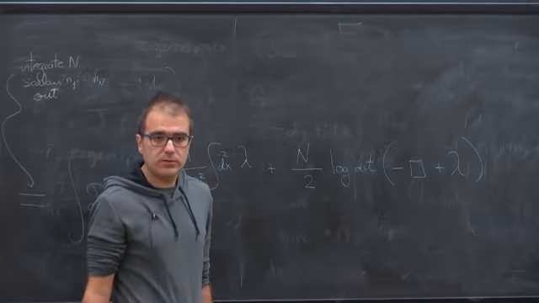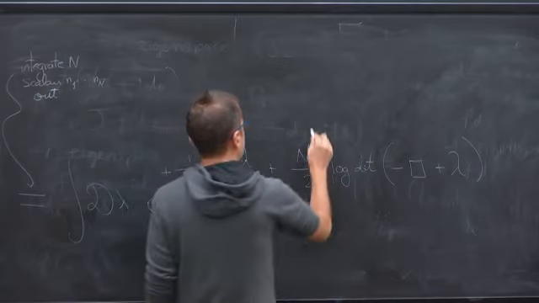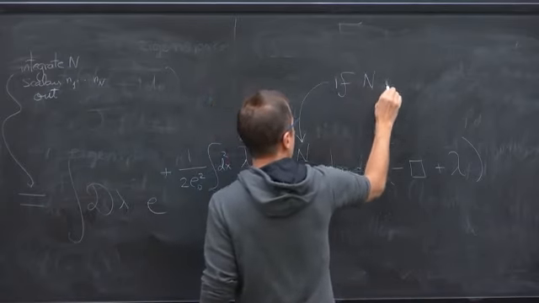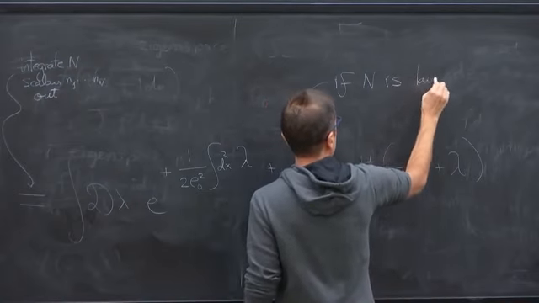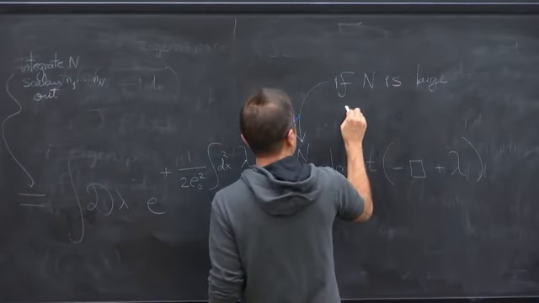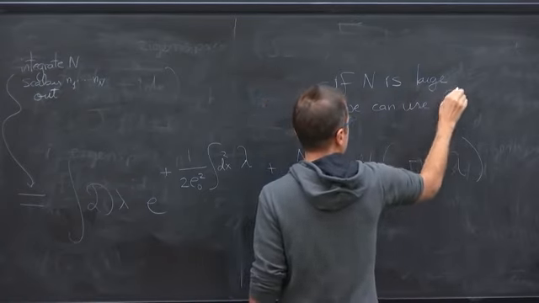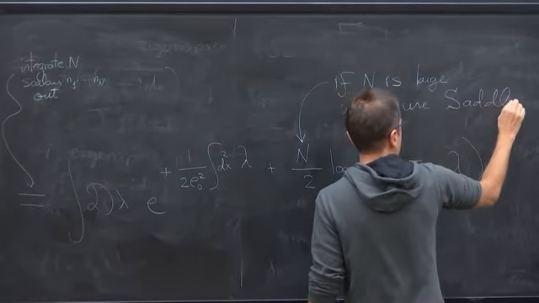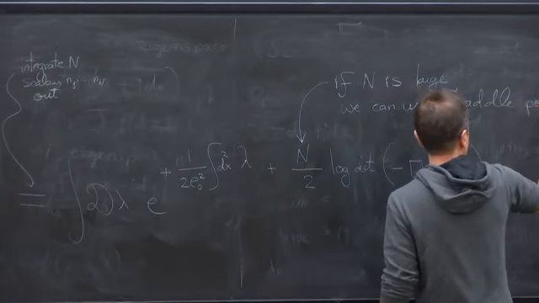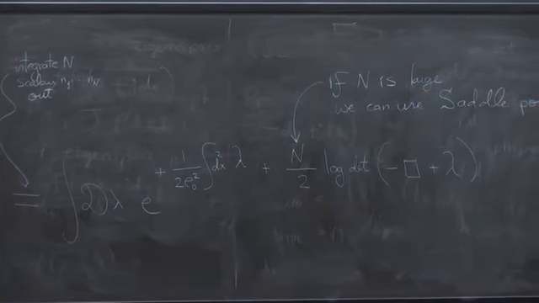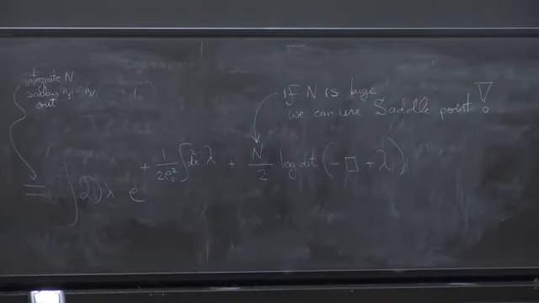And this n is crucial, because now you see that if n is large, we can use the saddle point. If n is large, the action is very big, and it will be dominated by whatever configuration minimizes that action.